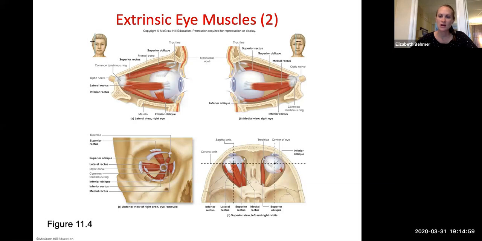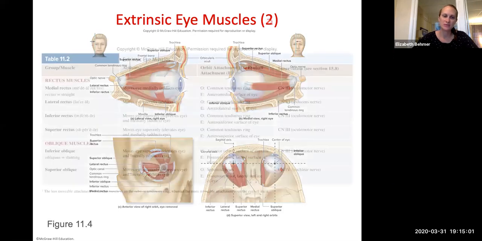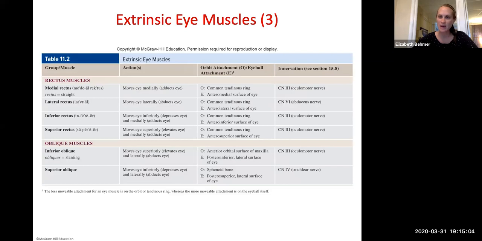So I'll put this one back up if you guys are writing down all 6. If you think about it, if your medial rectus muscle is attached to the medial part of your eyeball, and that one contracts or shortens, what would that cause your eyeballs to do? Which direction would they go?